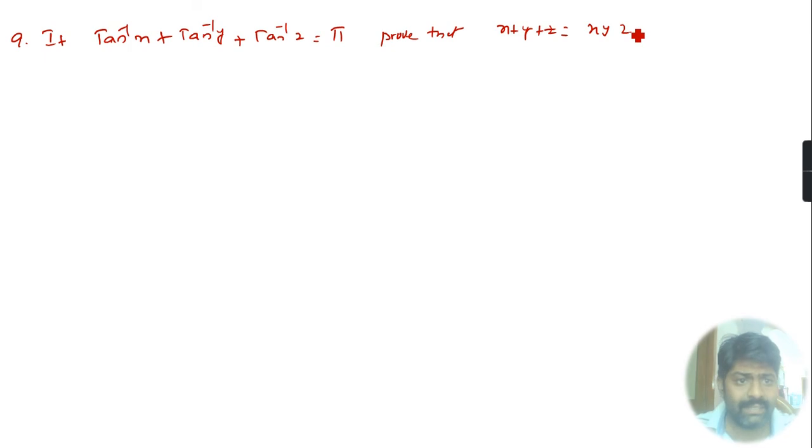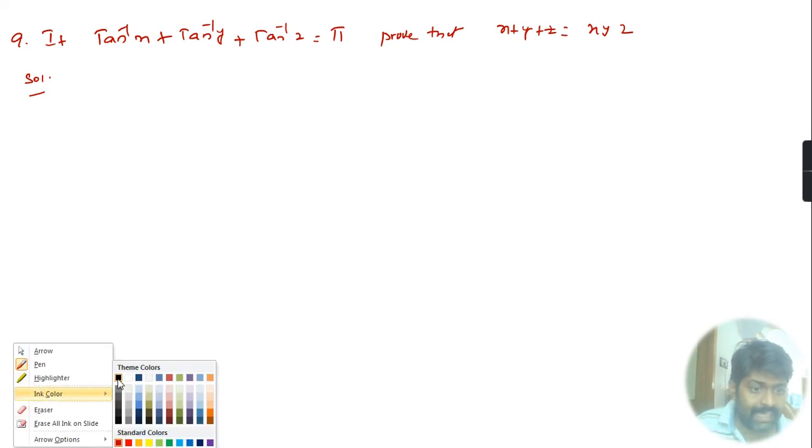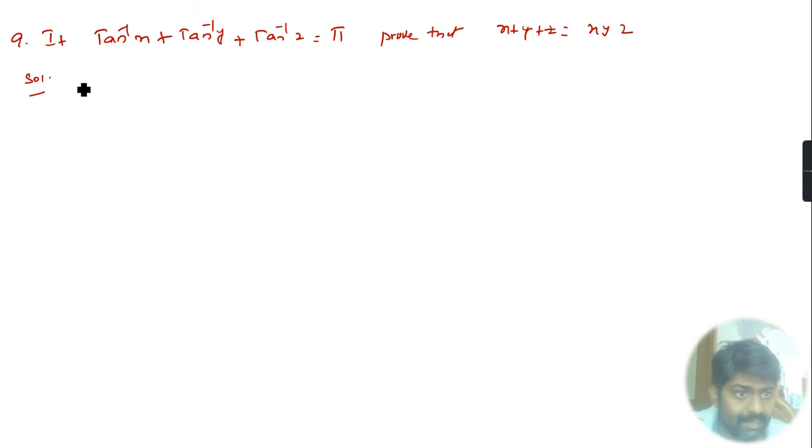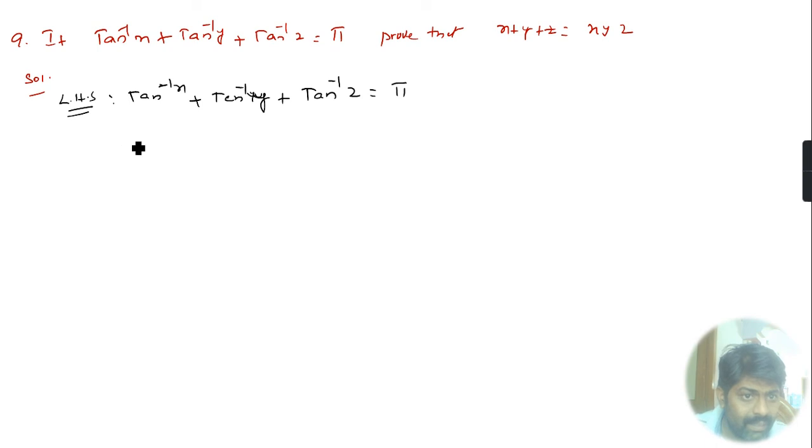So for getting this one, we have to take the LHS. What is the LHS? Tan inverse x plus tan inverse y plus tan inverse z is equal to pi.